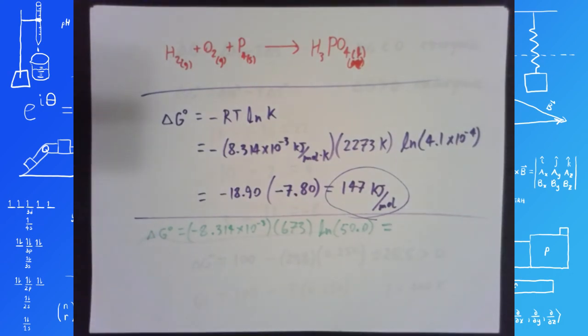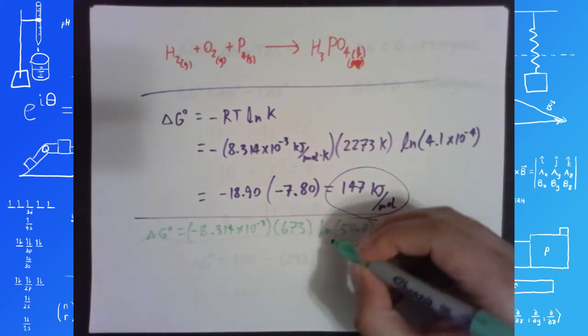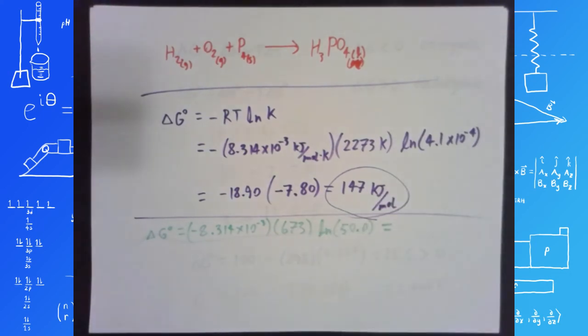So negative 8.314 times 10 to the negative 3 times 673 is negative 5.60. And then natural log of 50.0, that's 3 sig figs, so 3 decimal places, that's 3.912.